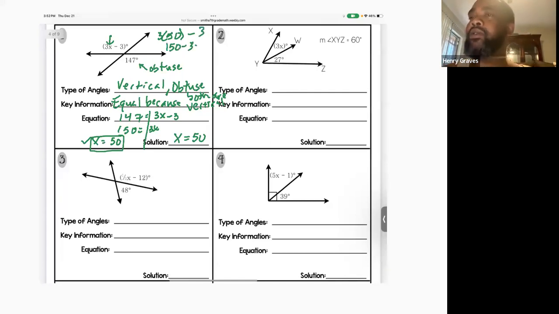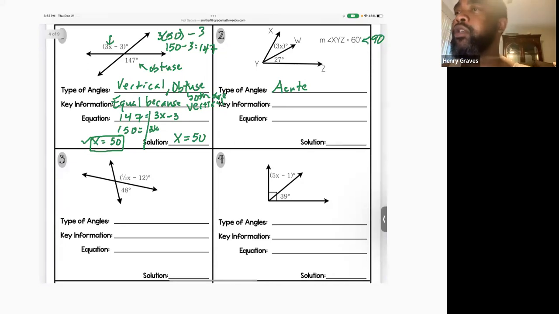Now, the types of angles we have here: since this guy here is less than 90, we really have an acute angle, right? And then, by the way, these are not even going to be complementary because they don't add up to 90.